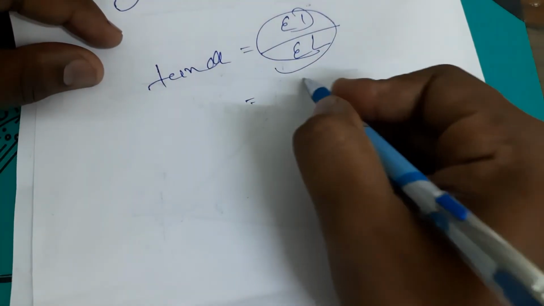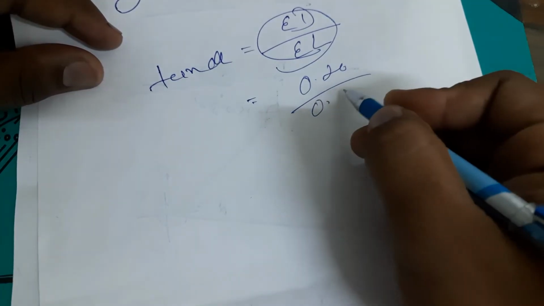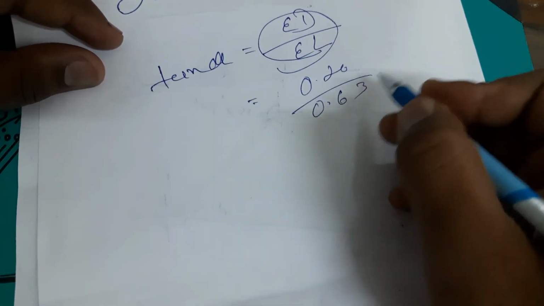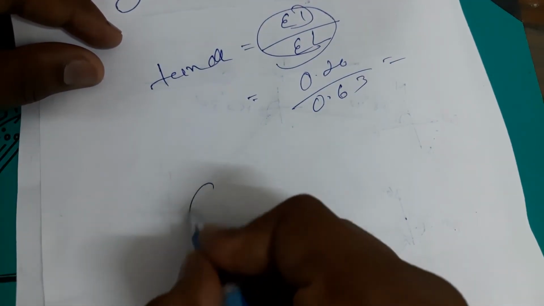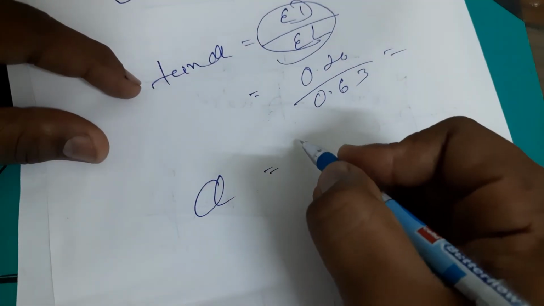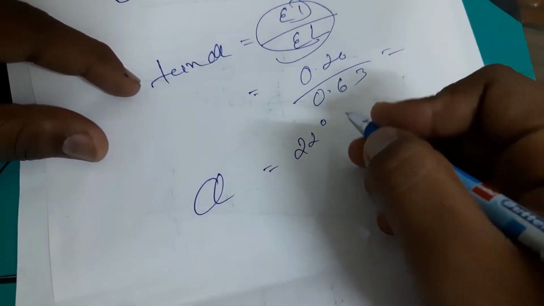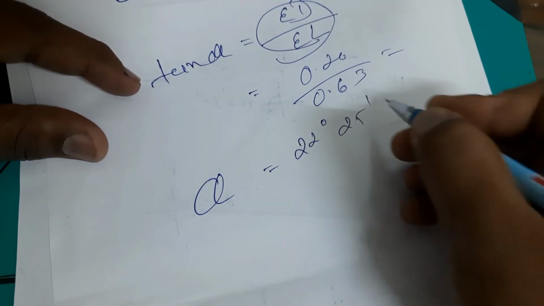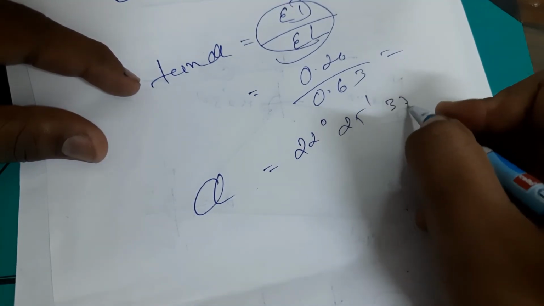Here we have the values 0.26 and 0.63, which give you some value. So theta is equal to 22 degrees 25 minutes 33 seconds.